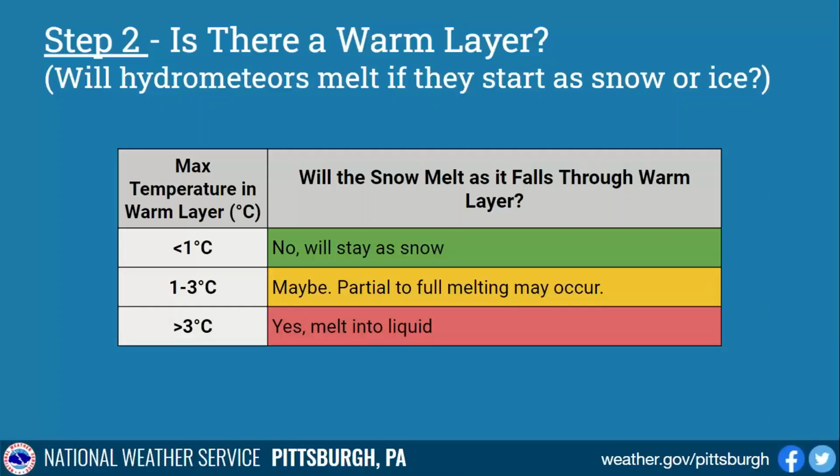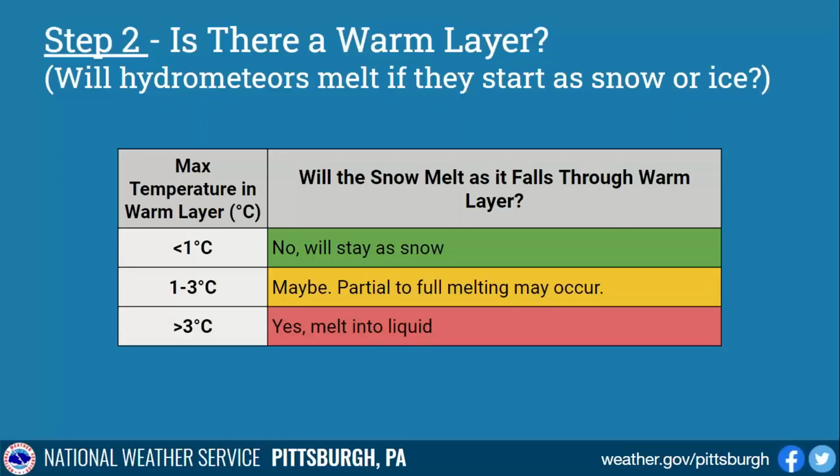So step 2: is there a warm layer? As this hydrometeor falls towards the surface, will it melt, or will it encounter any warm air? We look for temperatures to be below 1 Celsius for it to stay all snow as it falls. If we have a shallow warm layer between 1 to 3 degrees Celsius, then we might see some partial melting on that snowflake.